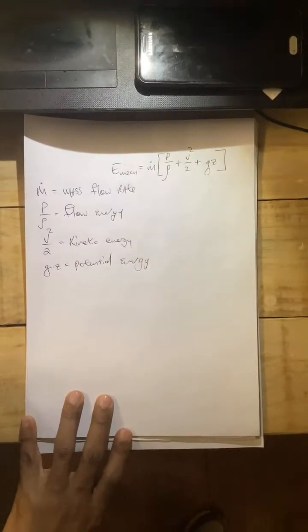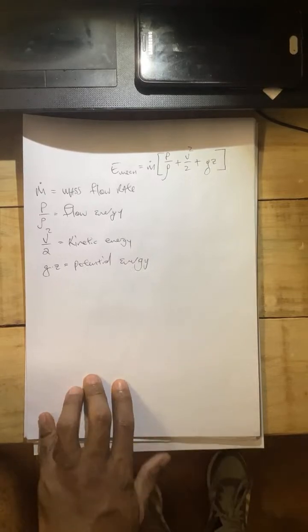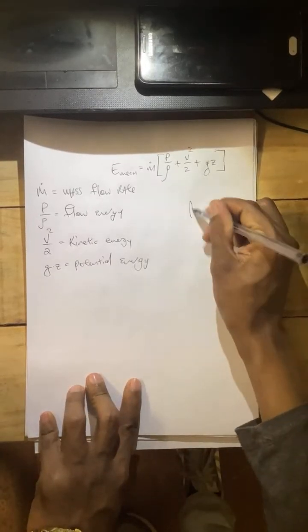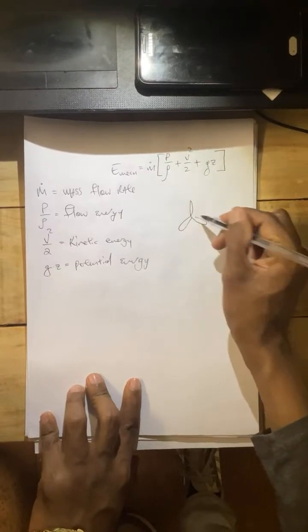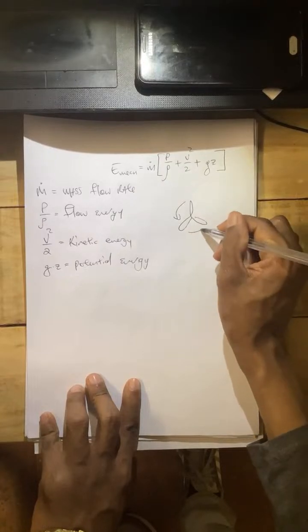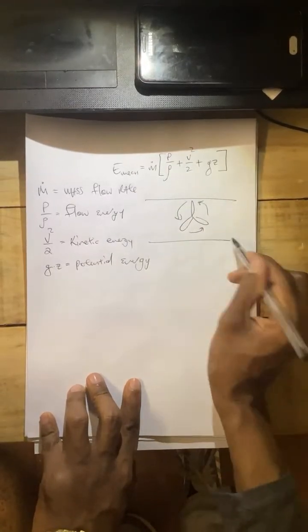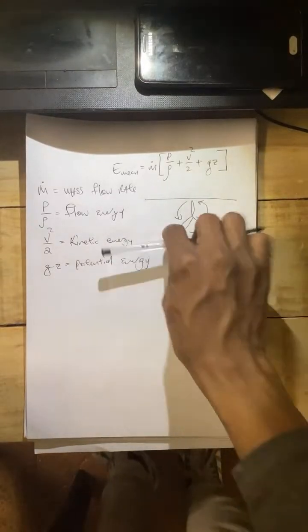Potential energy. Now, why is this important? This is actually critical, and this is the reason why. Let's assume over here that you have your veins or your blades, whatever fancy name you want to give it, and it's rotating.